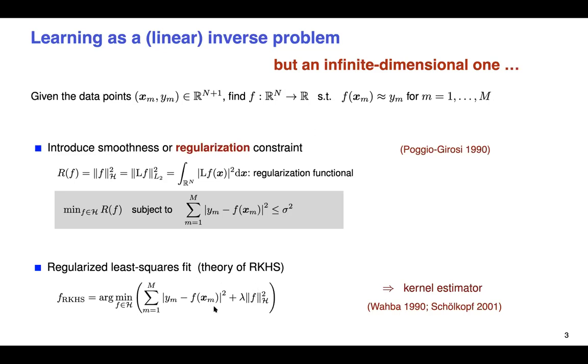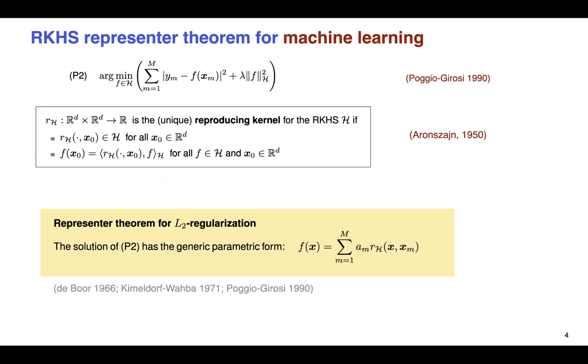And now if you solve that kind of problem, remarkably, using the theory of reproducing kernel Hilbert spaces, you can find that the solution is a kernel estimator. And this is very much the foundation of all classical machine learning. And here is this famous representer theorem for machine learning.